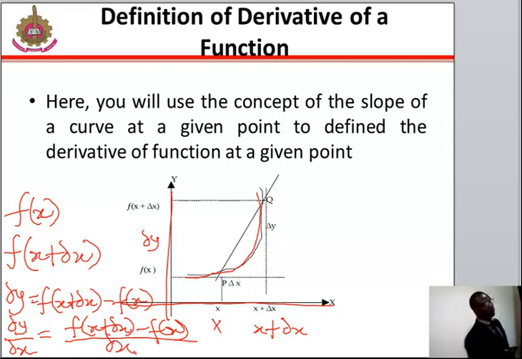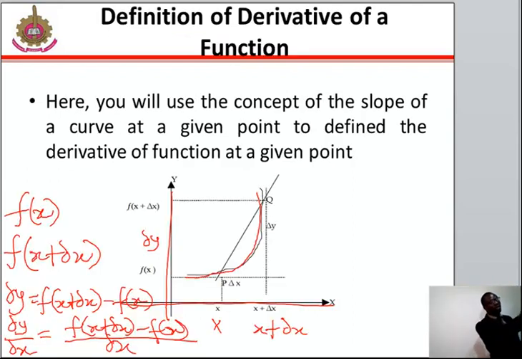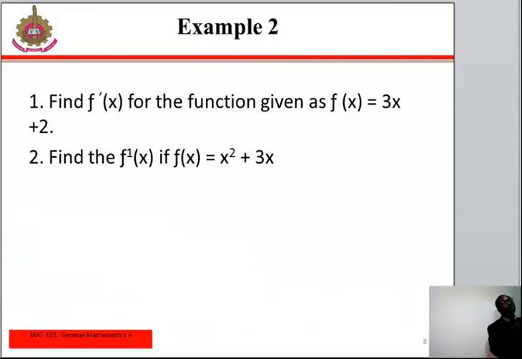Now let us solve this example. Now find the f prime of x, that is the first derivative actually. Don't forget, what I just did is called getting the derivative of a function using the first principle. Now that is what you will apply here.